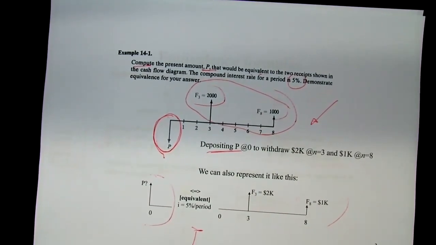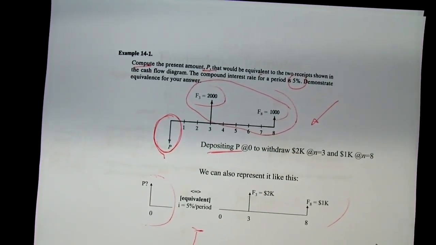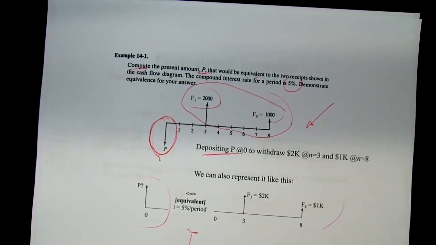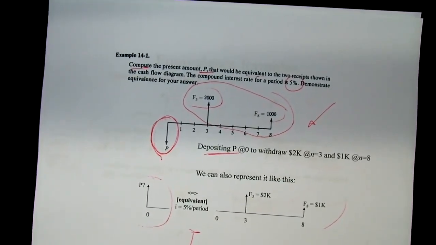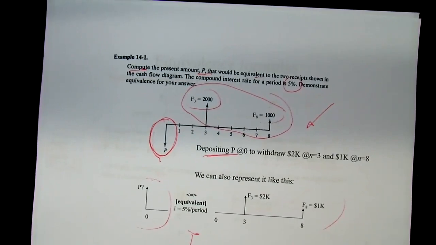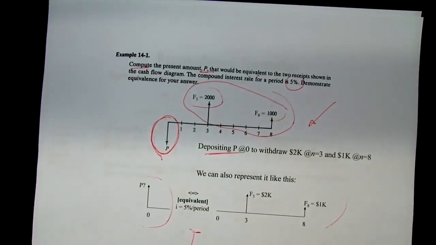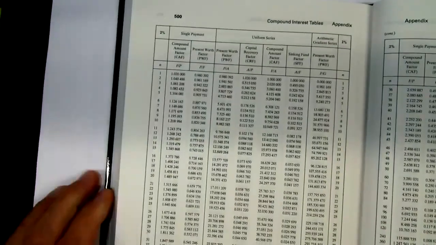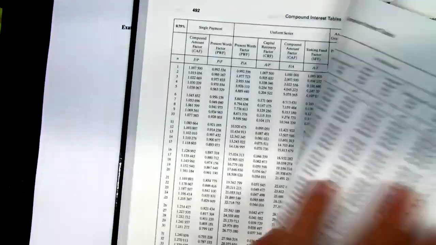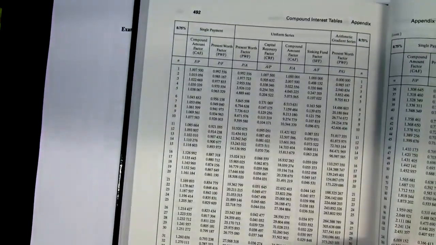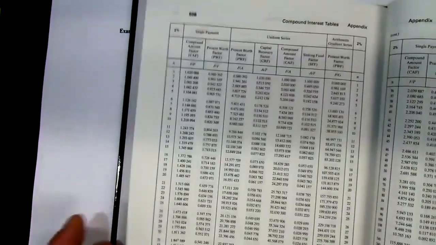Actually, before I go there, let me show you the back of the book table. If you go on your book, or whatever version you have of the book, they should all have tables. I randomly open a page in the back of your book. As you can see, there are plenty of tables that you can use for the purpose that we are doing right now.